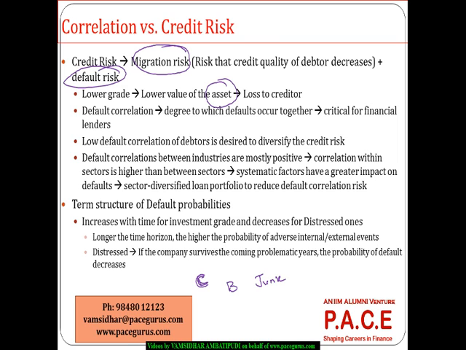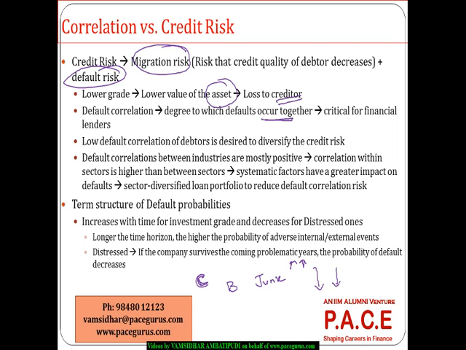As it keeps going down and down, the lender is going to lose. There is also a possibility of default correlation between two bonds, which brings out the degree to which defaults occur together. If they have given two loans which are highly correlated, there is a good chance that both of them default or both don't default. So that's a big loss to the lender.